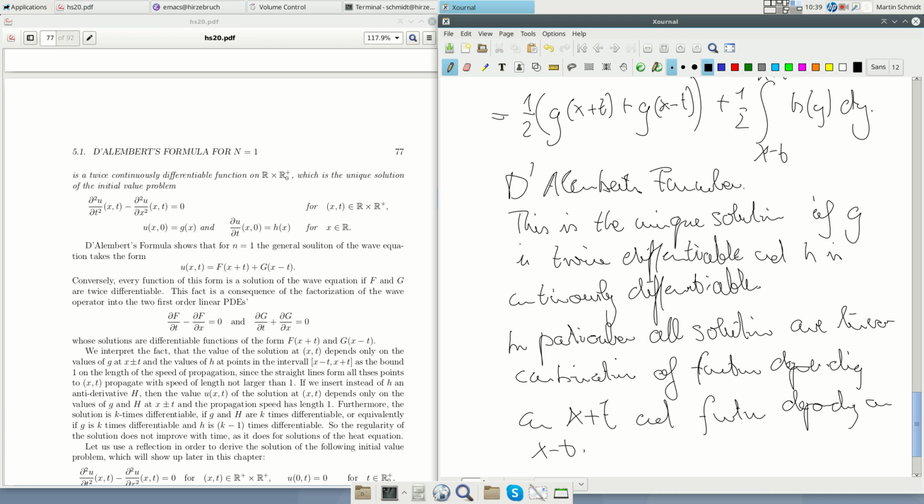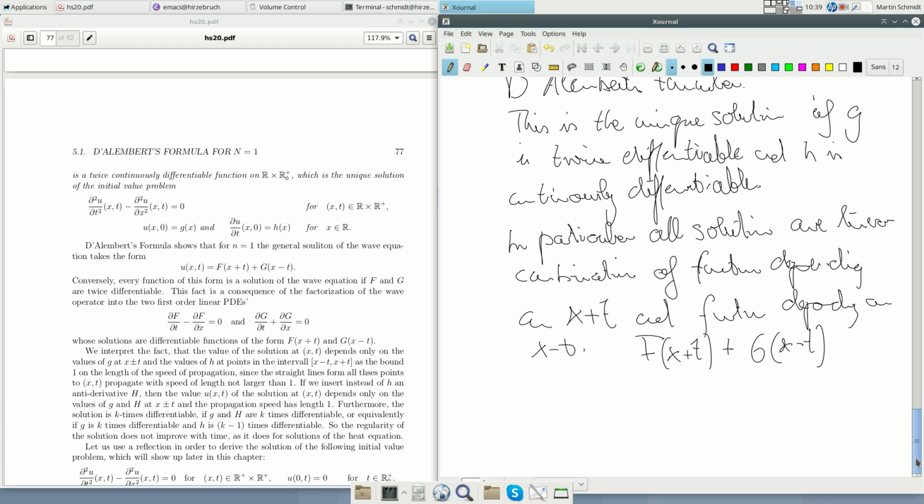Yes, so they are of the form f of x plus t plus g of x minus t.